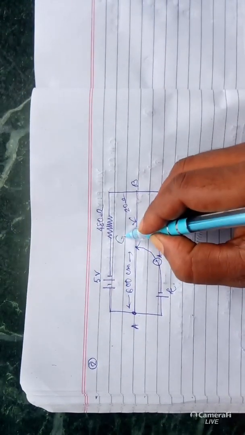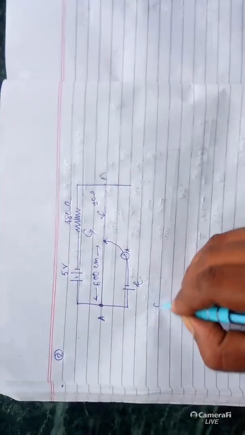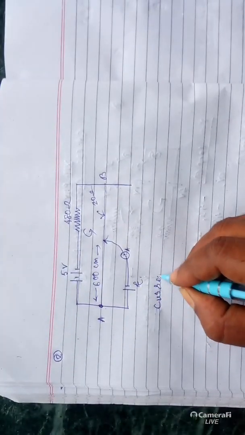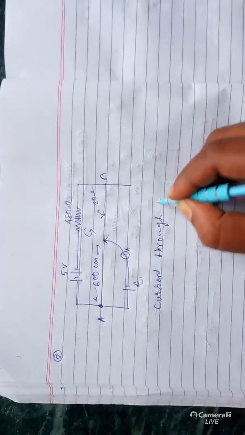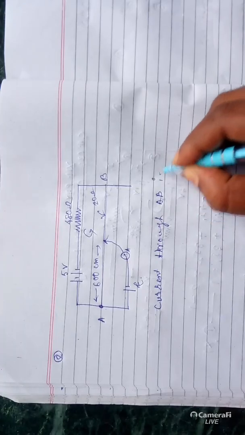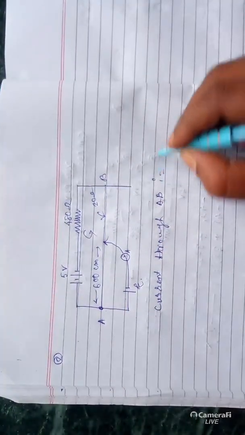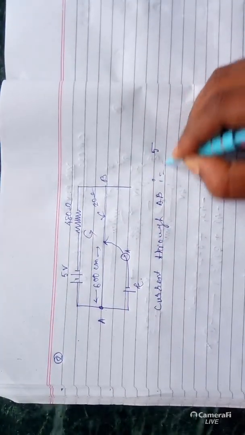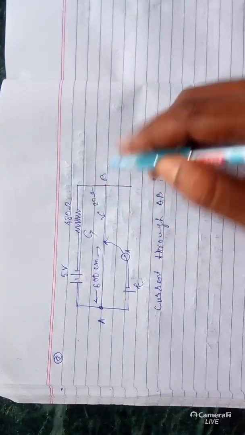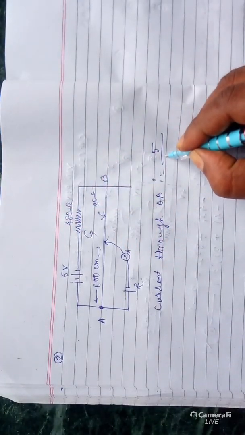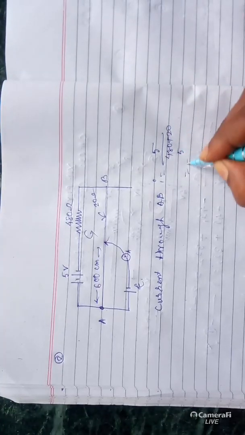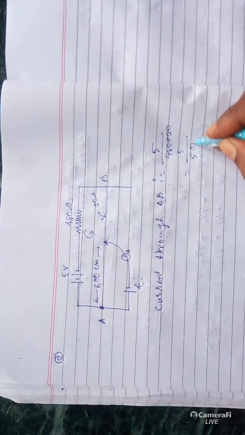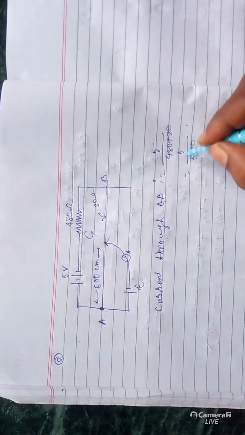Current through AB, I is equal to V by R. So V is 5, R is the total resistance, 480 plus 20. So 5 by 500 ampere, means 1 by 100.